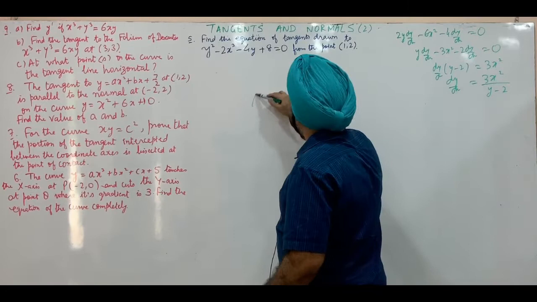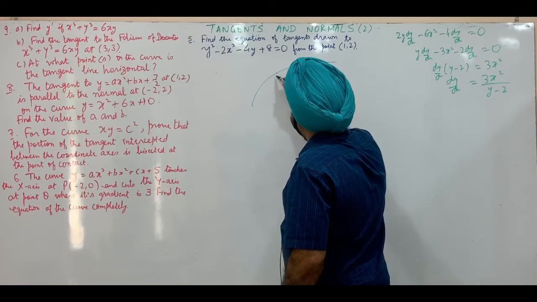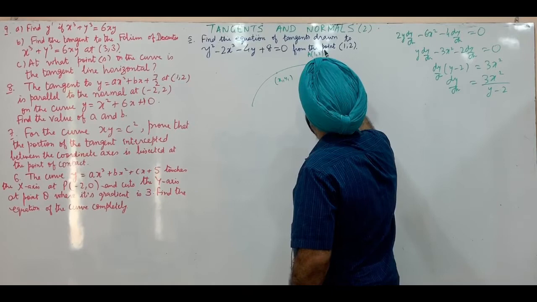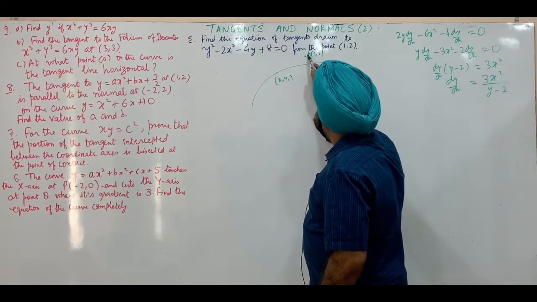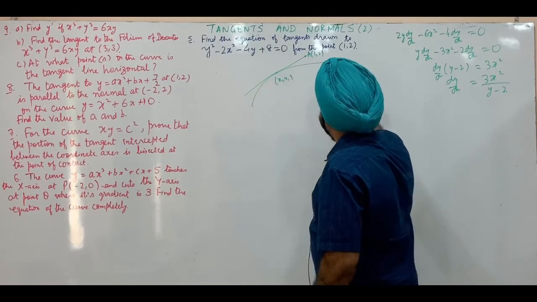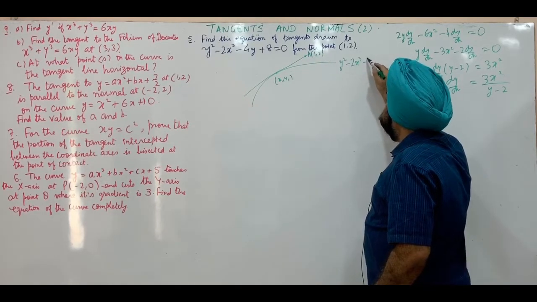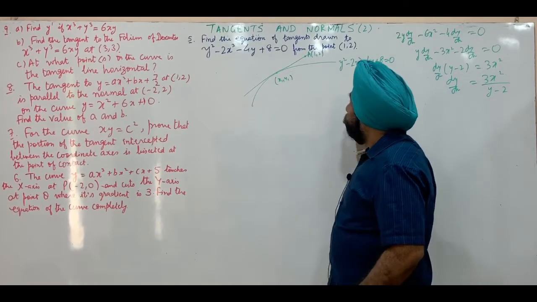Let us say this is the curve. This is any point x1 y1, and this is point A 1 comma 2. This is some outside point, and we have to find equation of tangent drawn from this outside point to the curve with the equation minus 4y plus 8 equal to 0.